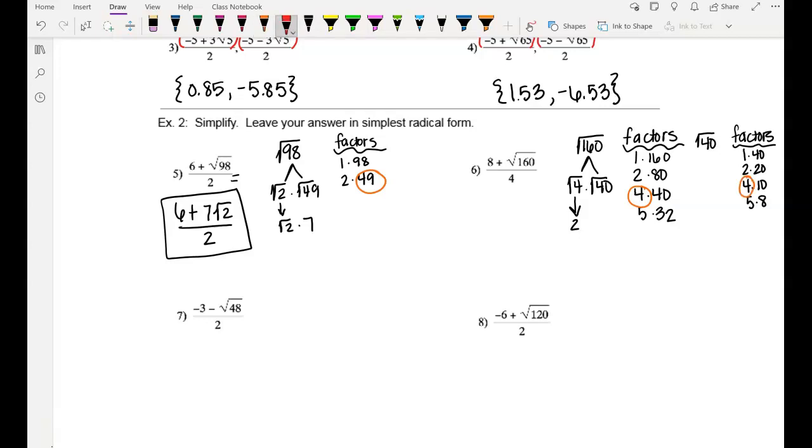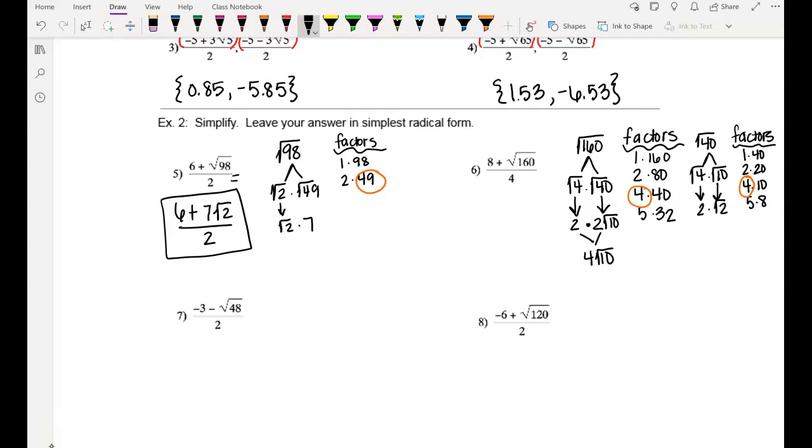So I can break down the square root of 40 as the square root of 4 times the square root of 10, which breaks down as 2 times the square root of 10. So now the square root of 40 becomes 2 radical 10, and you have 2 times 2 radical 10, which becomes 4 radical 10.